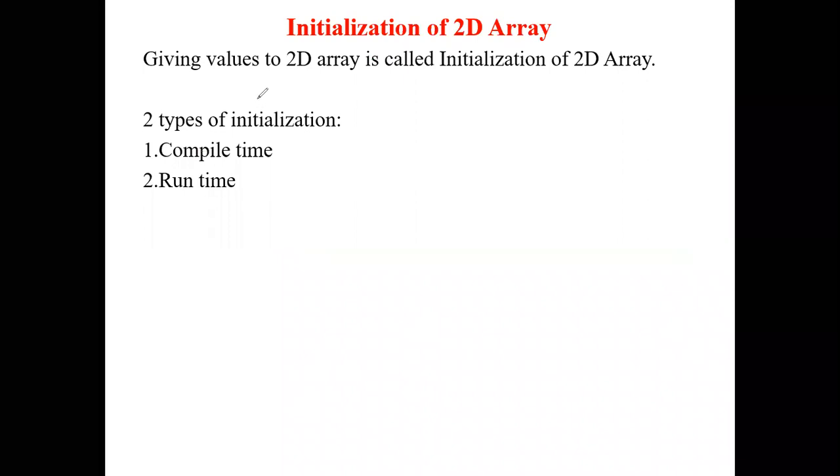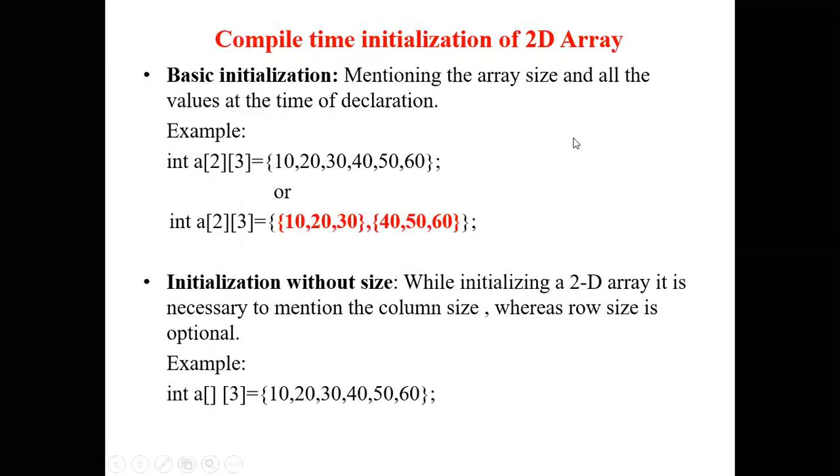So next we will see how to initialize a two-dimensional array. There are two ways: compile time and runtime, same as a one-dimensional array. Here also initialization can happen in two ways: compile time or during runtime. So here it is given.